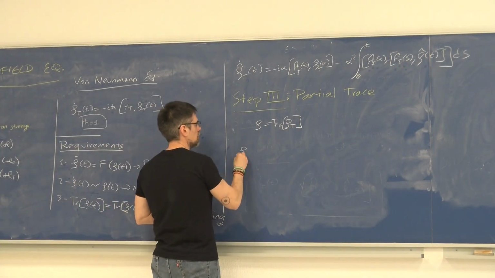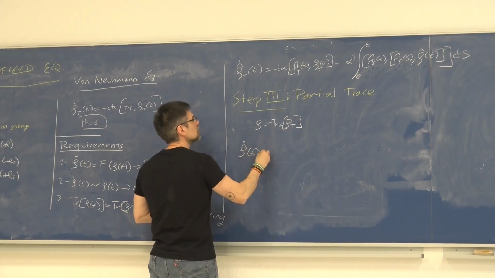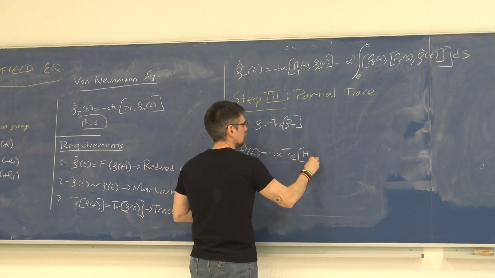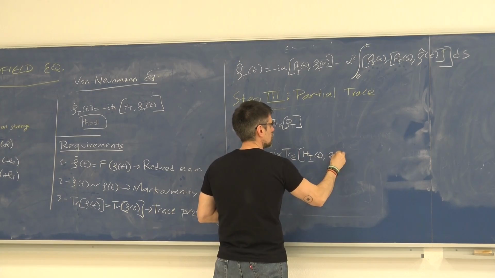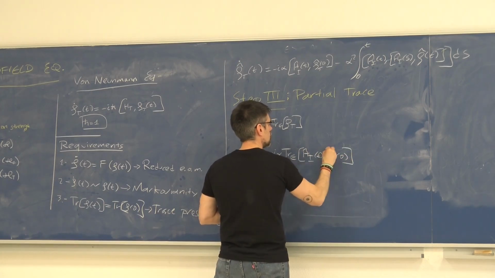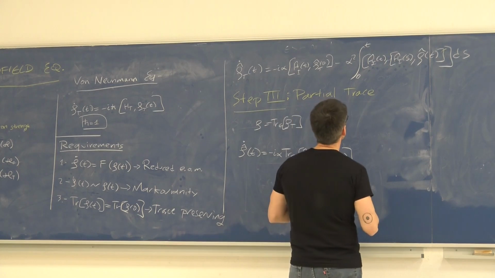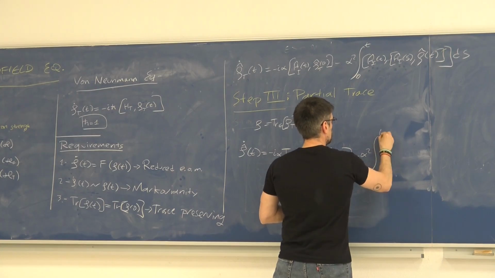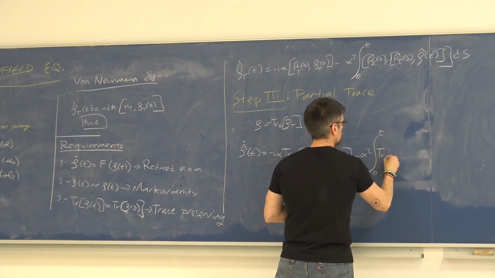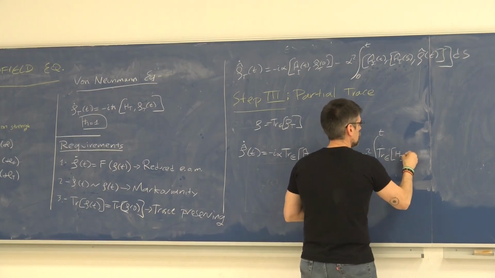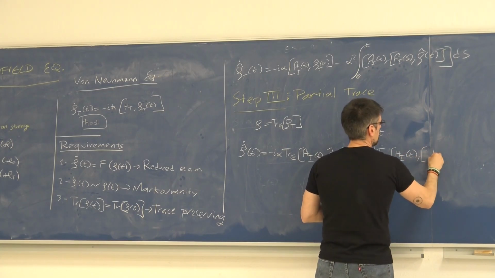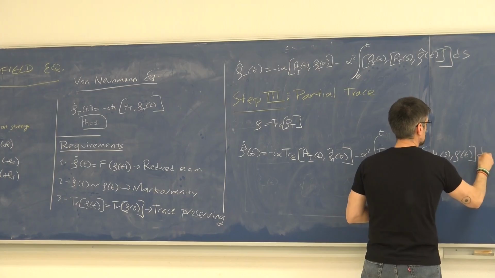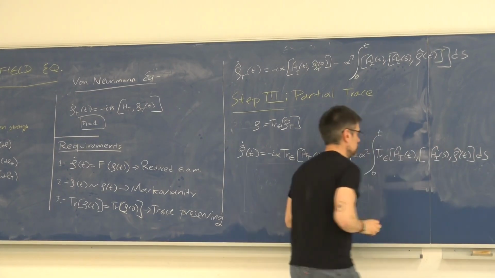We're going to get something like rho-dot_S of t is equal to minus i alpha trace over E of the commutator of H_I of t, rho total of 0. Here the hat I don't need, but okay. Minus alpha squared, integration between 0 and t of the trace over E of the commutator of H_I of t, H_I of s, rho of t, differential of s.